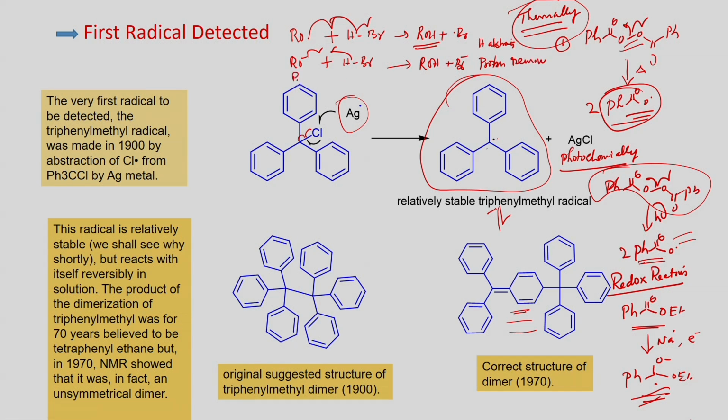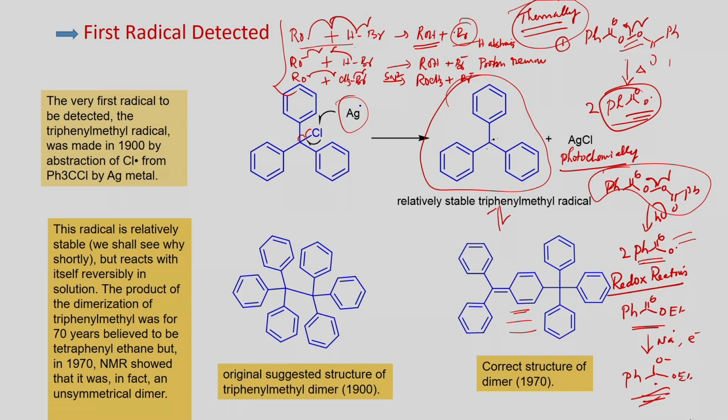The other route is that it can also undergo a substitution reaction. For example, you have this compound, it can undergo substitution reaction via SN2 pathway. These are the common ways we perform the reactions. If you see the radical reaction, once you form the radical, you can abstract the hydrogen and form another radical, which, depending upon the reaction conditions, can further react with another radical, and you get the neutral molecule.